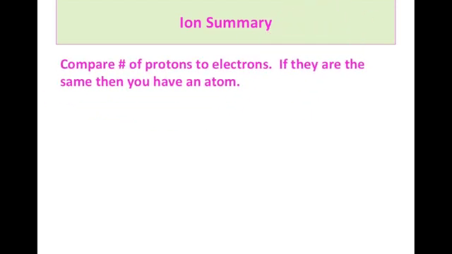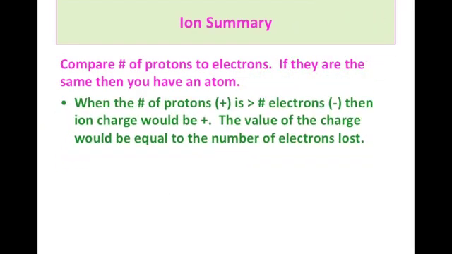So let's summarize this topic, ions. When the number of protons and electrons are the same, the element you are dealing with is classified as an atom. When the number of protons is greater than the number of electrons, then the overall charge of the ion will be positive, and the value of this charge is equal to the number of electrons that have been lost.